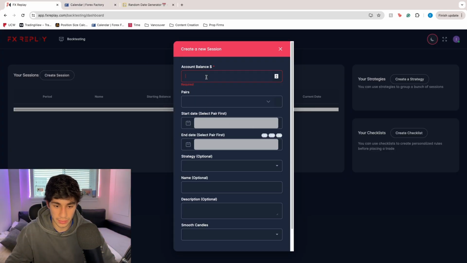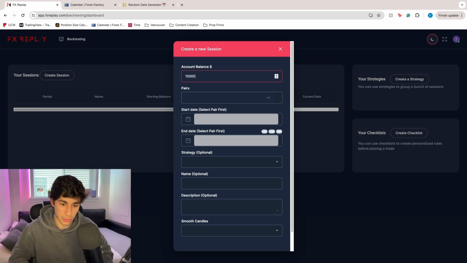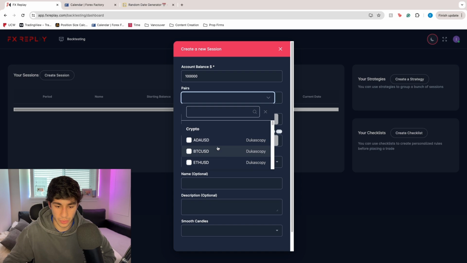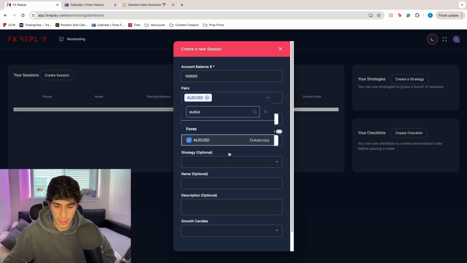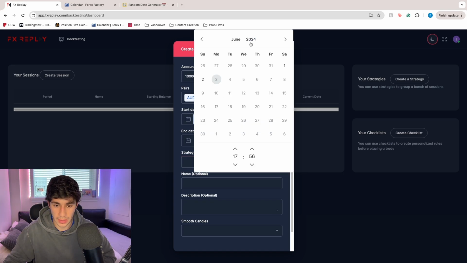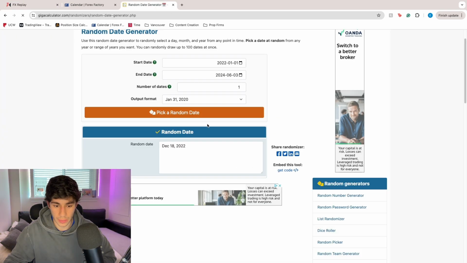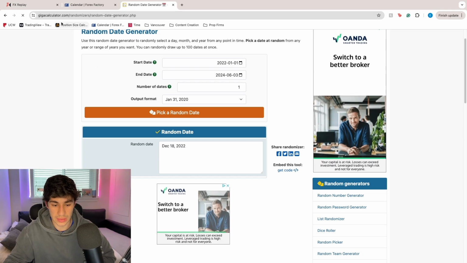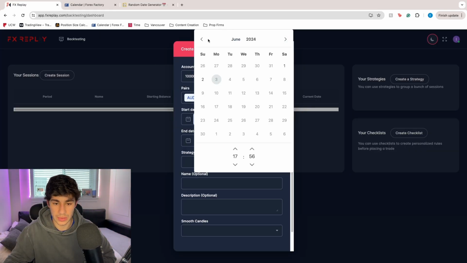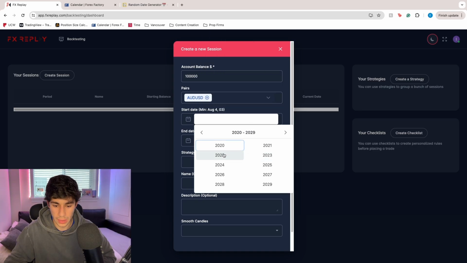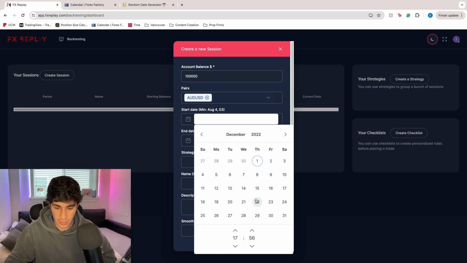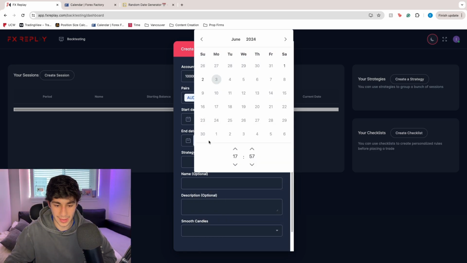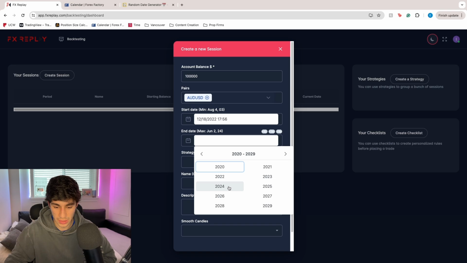So let's select here. I want to make it an account balance of 100k, just to make it even more simple. Now let's look for my pair. It was December 18, 2022, so here, December 18th, 2022, and the end date will be 2 months after.